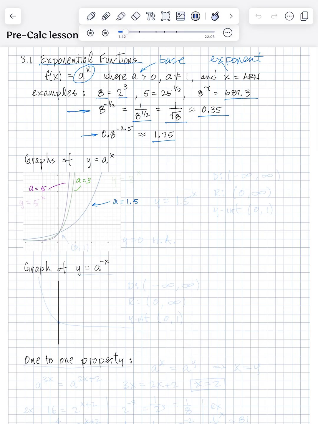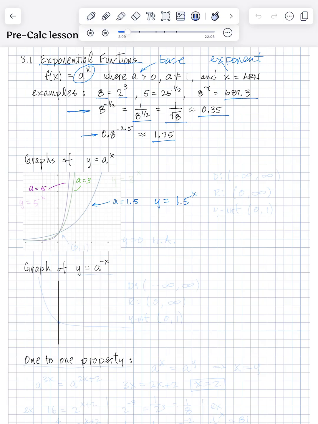So let's look at some typical graphs of y is equal to a to the x. If a was 1.5, the blue curve is going to be y is equal to 1.5 to the x power.